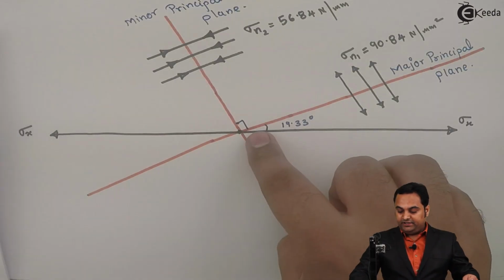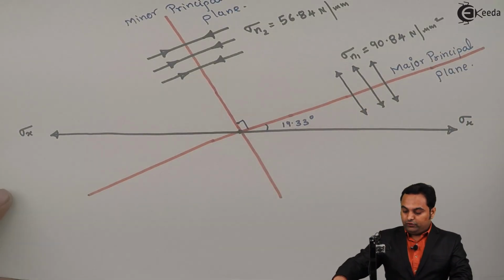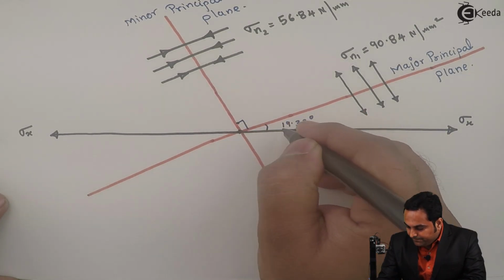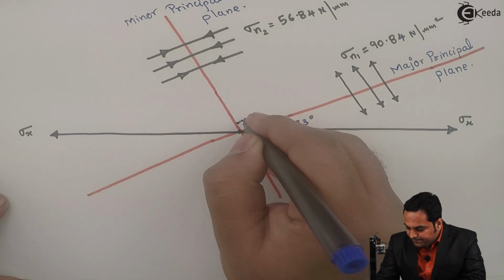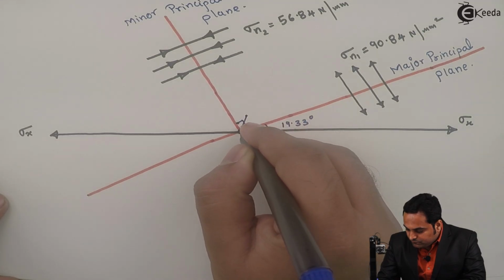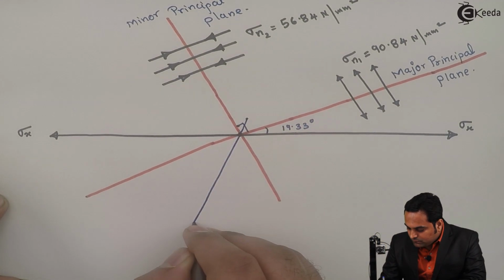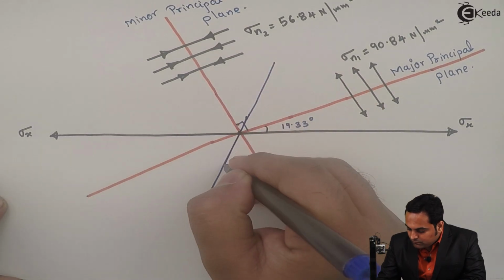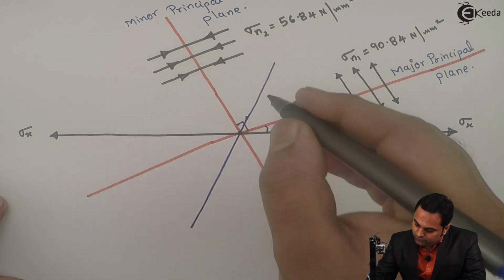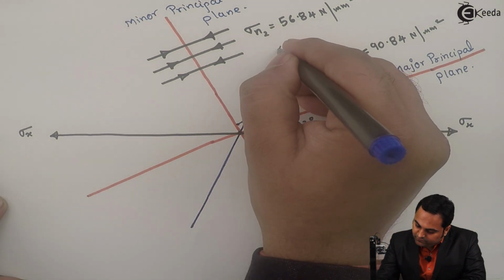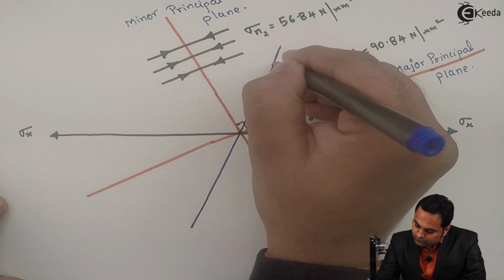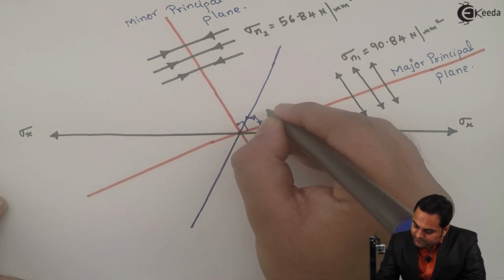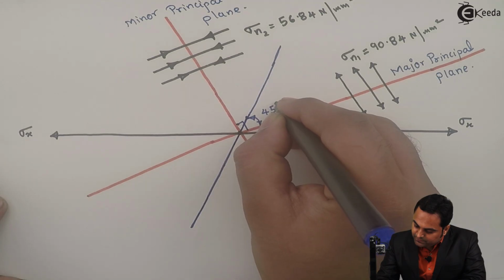Theta 1 was 19.33, so it is inclined at 45 degree to the major principal plane. Now this plane which I have drawn, its angle is 45 degree with respect to the major principal plane.